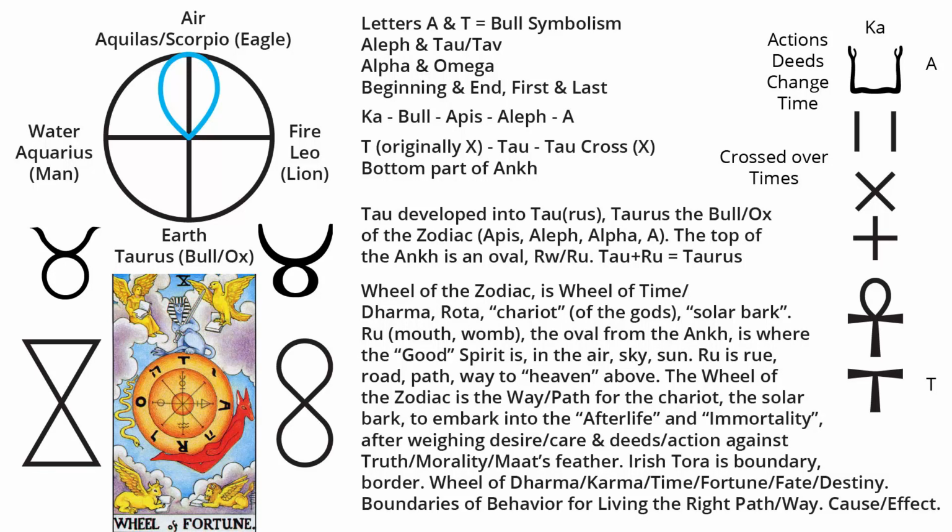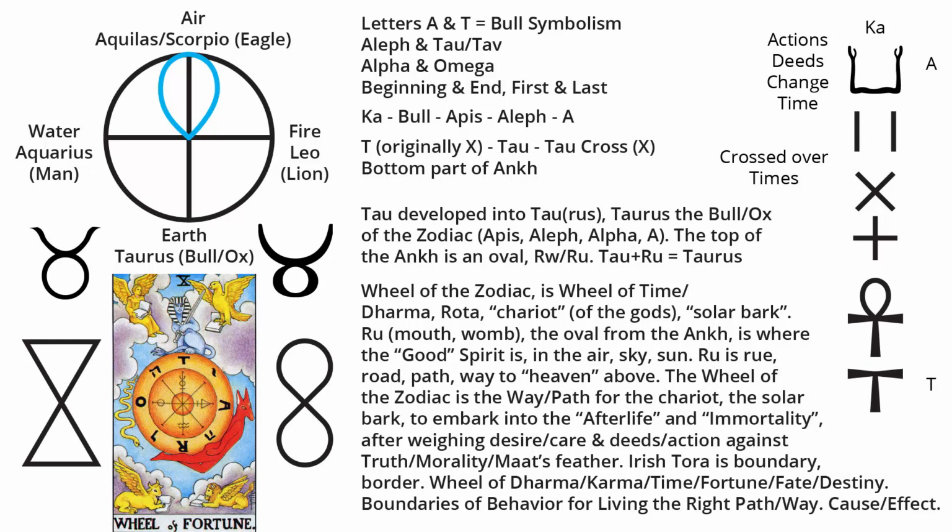represented through the astrological zodiac properly with the bull at the bottom, emphasizing the bull at the bottom for the Tau cross, and the eagle at the top for the air symbolism for the top Ru oval round part of the Ankh, to symbolize that dichotomy of the earth bull and the air eagle.